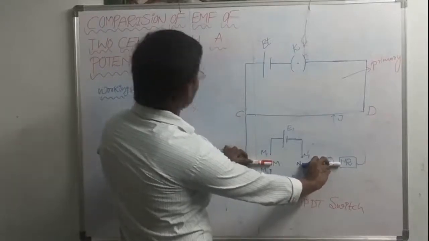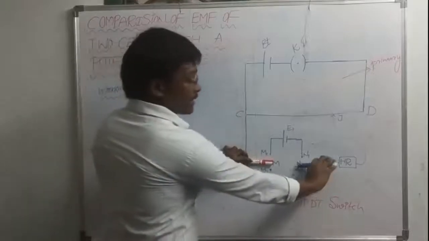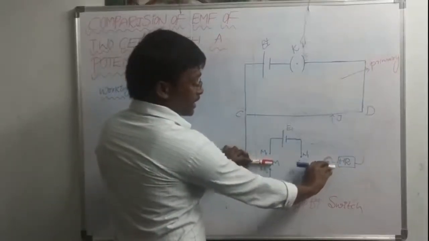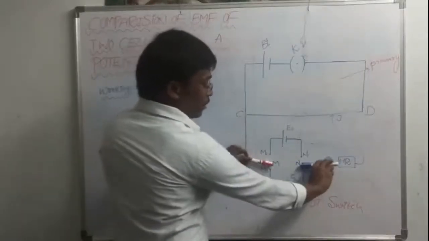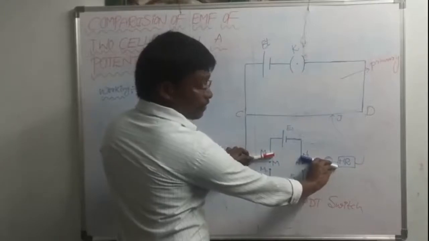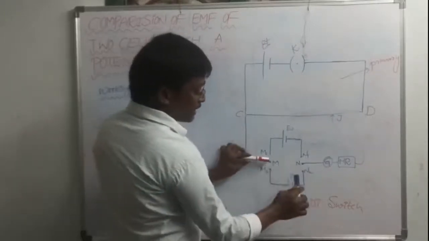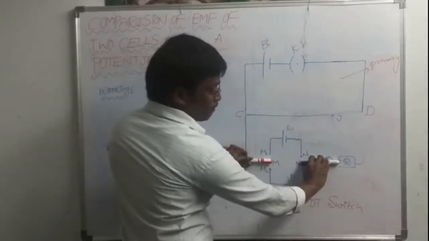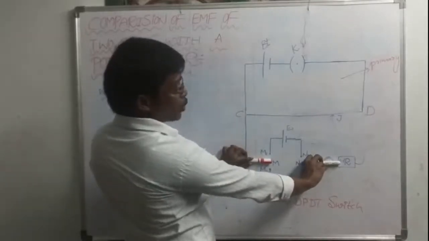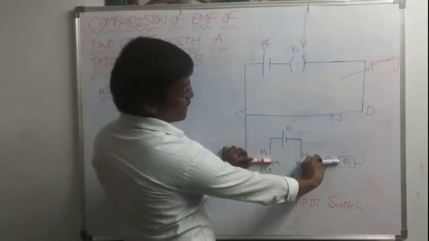Now in the working, the first point is this: this is one end M and this is the other end N. I will press this DPDT switch towards the terminals M1 and N1. Listen, this is the terminal M, this is the terminal N. Now I am pressing these two ends towards the M1 and N1 terminals like this.